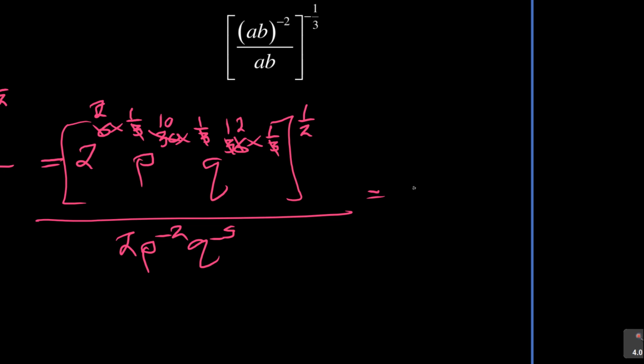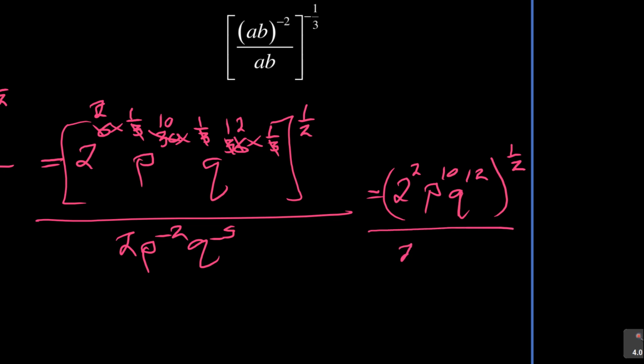So what we have now is 2 to the exponent 2, and then p to the exponent 10, q to the exponent 12, but this is still to the power of 1 over 2 and then divided by 2p to the power of negative 2 q to the power of negative 5.